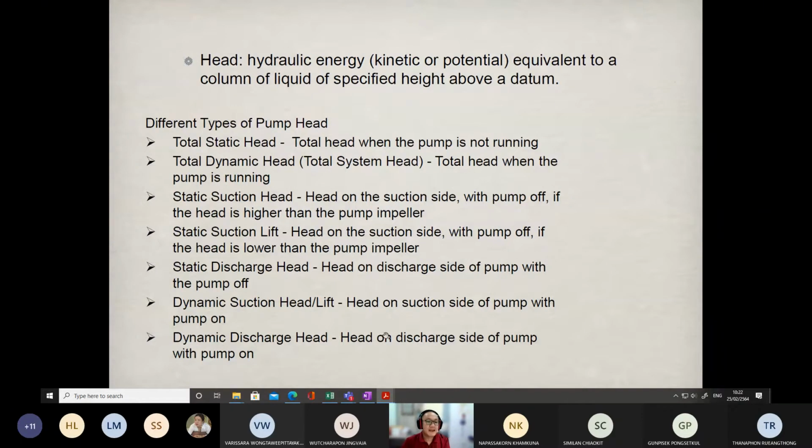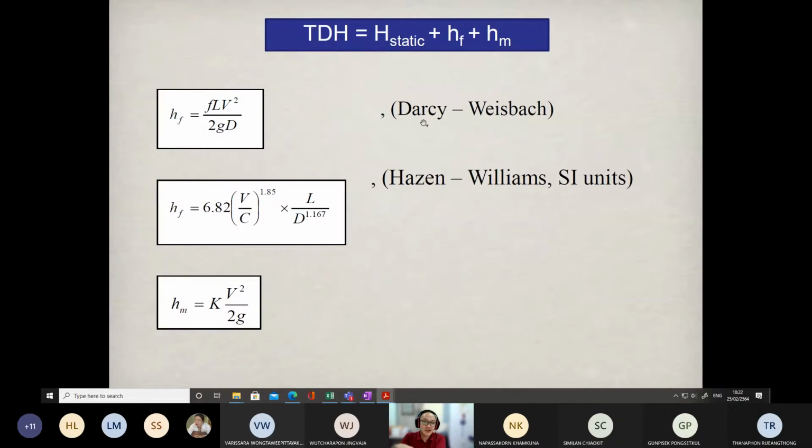The total dynamic head is equal to the static head plus the loss. The head required for the pumps, we have to combine the static head and the head loss, because loss is generated due to the friction in all types of pipes, all types of water conveyance systems.